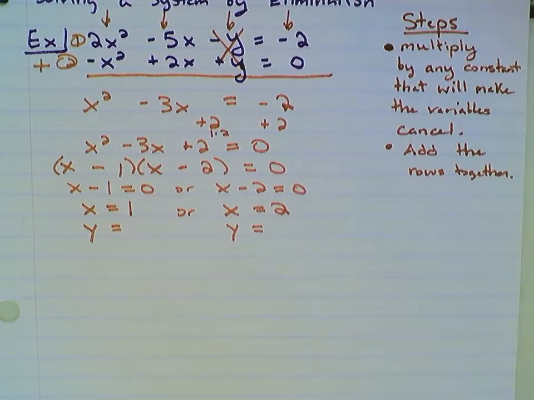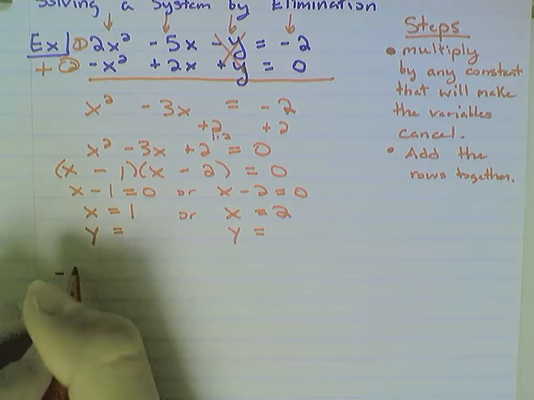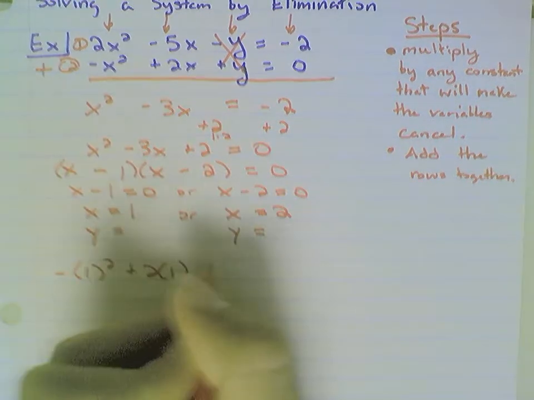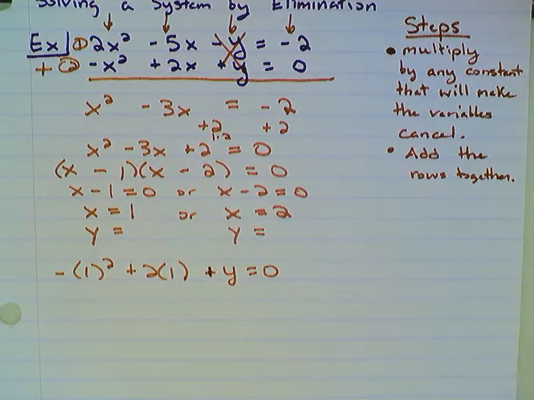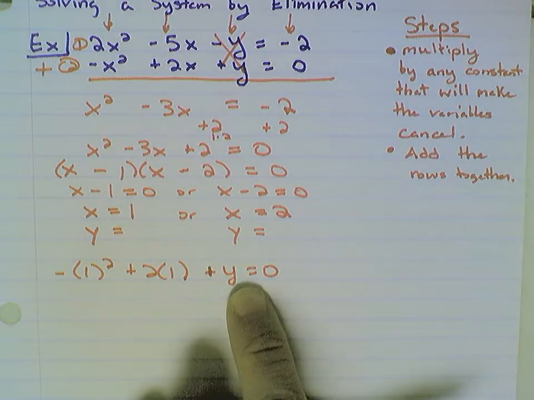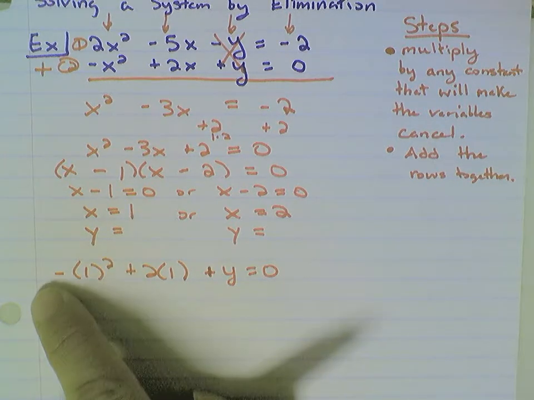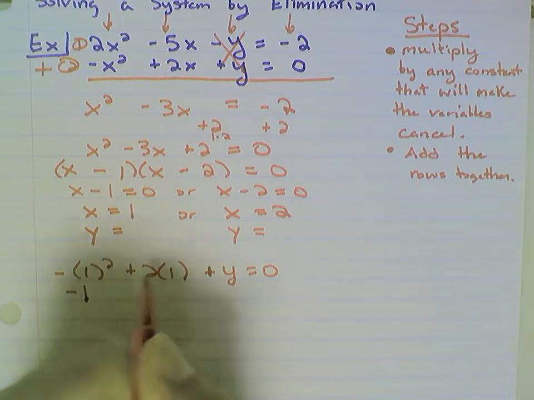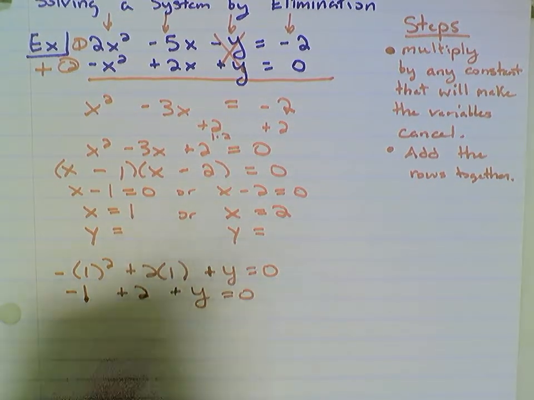For the first one, I'm going to pick the second equation, and I need to plug the x value into it. To find the y value, I'm going to take negative 1 squared plus 2 times 1 plus y equals 0. And then I just want to solve this for y. 1 squared is just 1, but there's a negative out front, so I get negative 1. 2 times 1 is 2, plus y, and it equals 0.